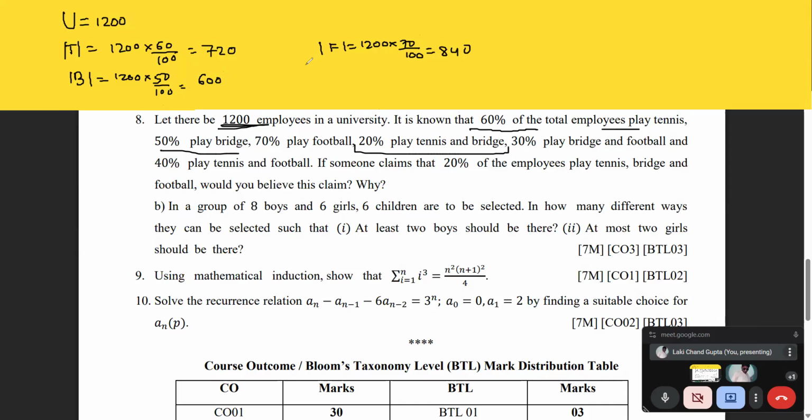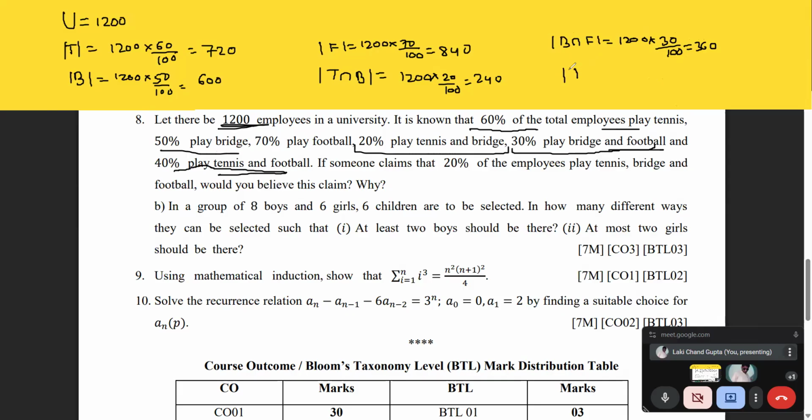20% play tennis and bridge. Tennis and bridge, 20%. 30% play bridge and football. 40% play tennis and football, which is 480.